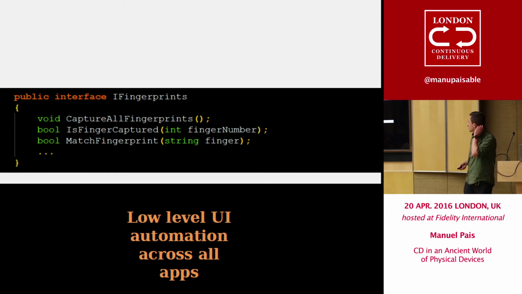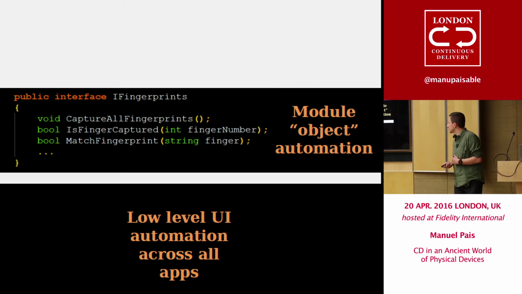Like with fingerprints, you could capture fingerprints, check if they match, so 2 fingerprints are the same or not. So it's actually the functionality internal to each module. So we have an interface, and we can reuse them across different systems. You can look at it as kind of page object pattern, for those familiar with that, but for our Windows clients.